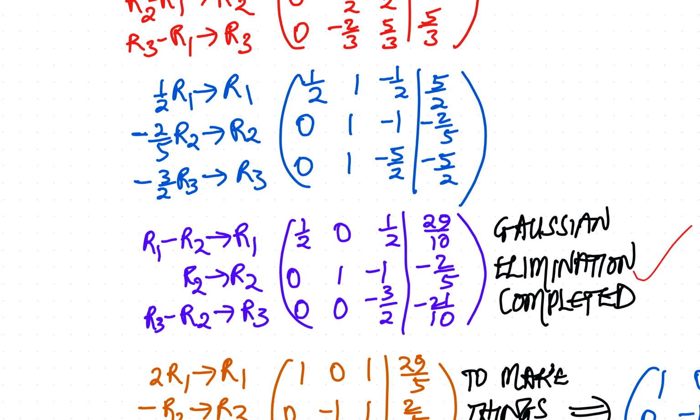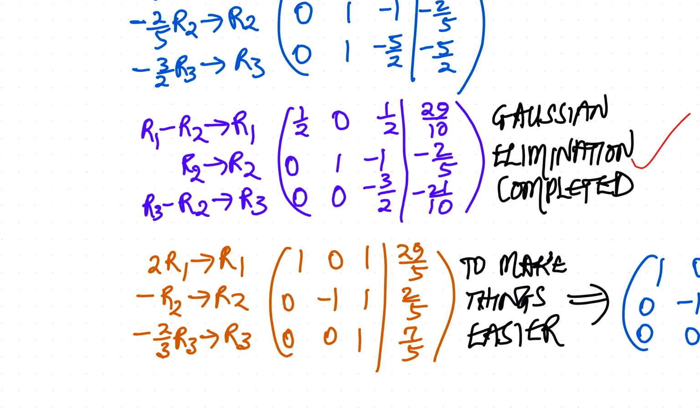So if all you wanted to do was Gaussian elimination, well, I went further to make things easier because working with fractions can also be a problem. Of course, from here, you can already begin to go out and get this result. But to make things easier, I just wanted to make every fraction, especially in this part, 1. And to do that, I just multiply. So the old row 1, I multiply by 2 to get all the fractions out.